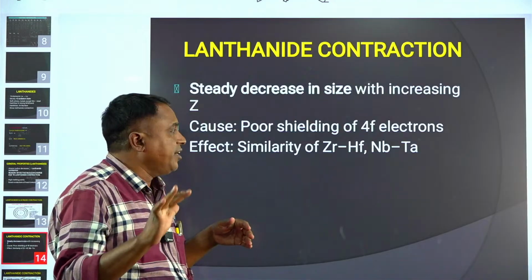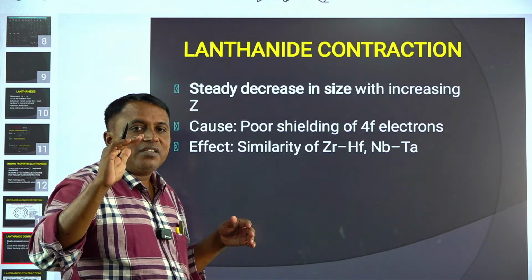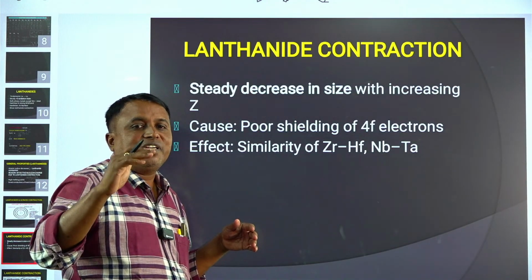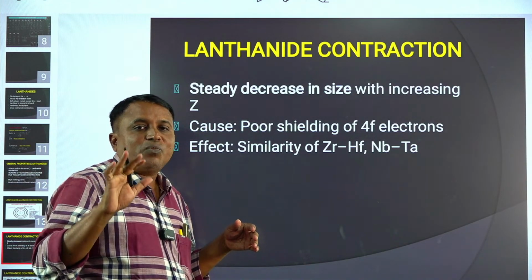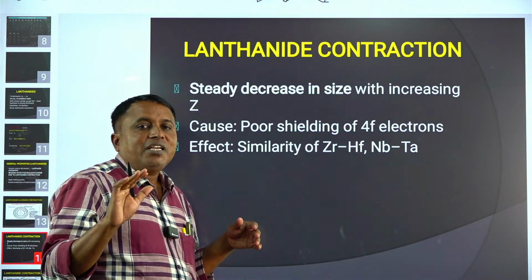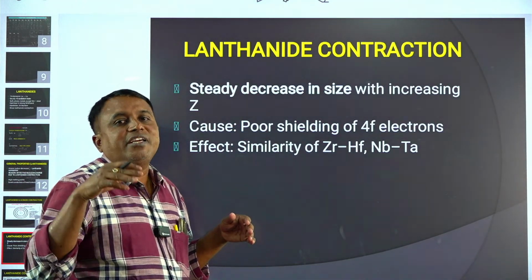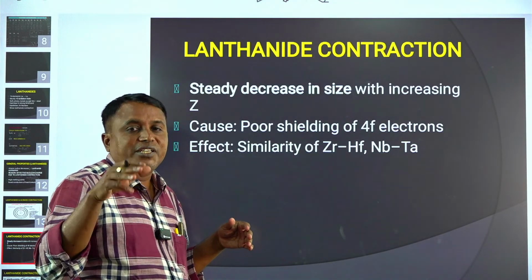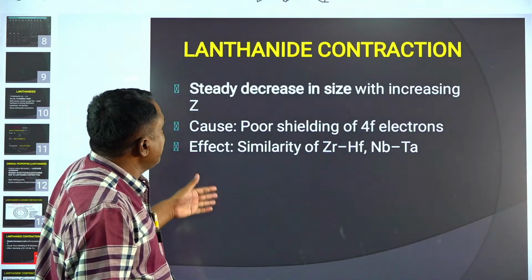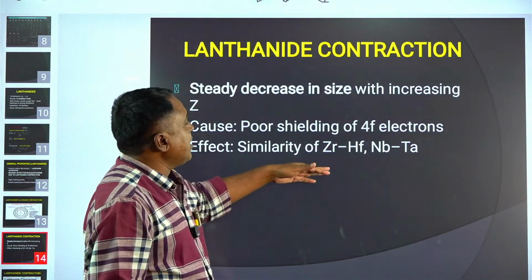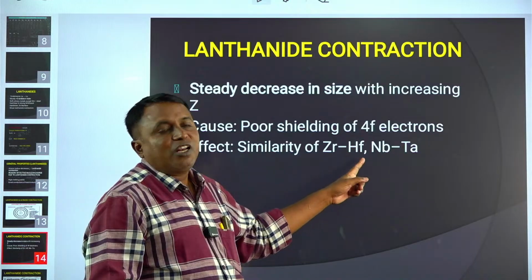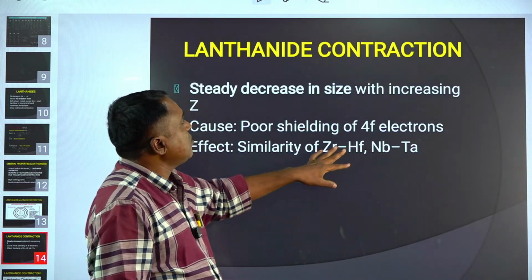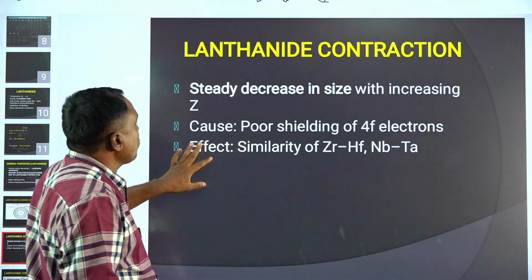From 3d to 4d it increases, from 4d to 5d there is no change, but from 5d to 6d, instead of increasing, the atomic radii decrease due to lanthanoid contraction. So by that lanthanoid contraction, there will be a similarity between elements like zirconium, hafnium, niobium, tantalum. This is the consequence of the lanthanoid contraction.